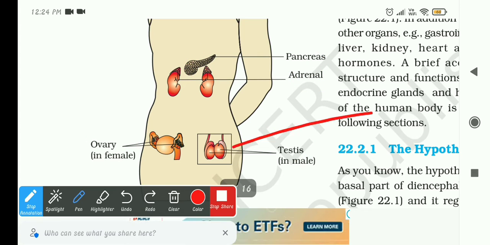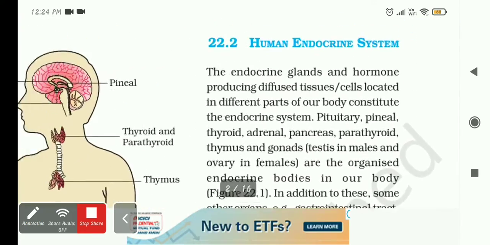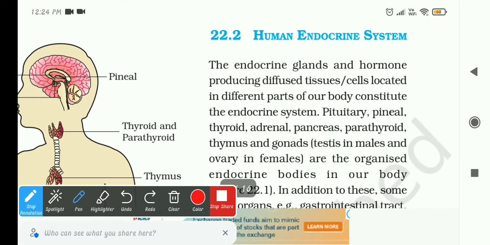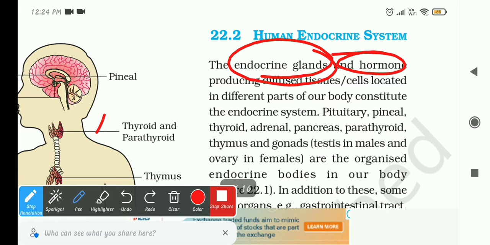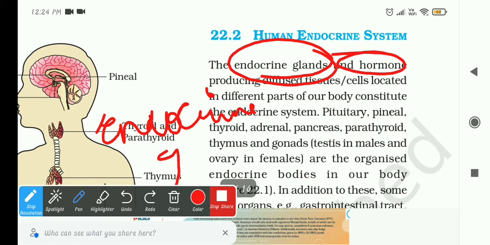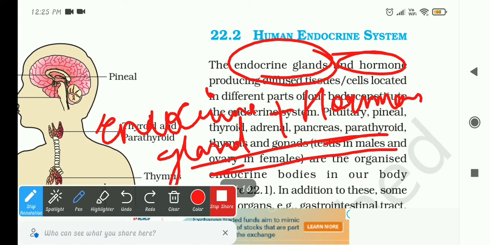So let's talk about the human endocrine system. The human endocrine system is formed by endocrine glands and our hormones collectively.